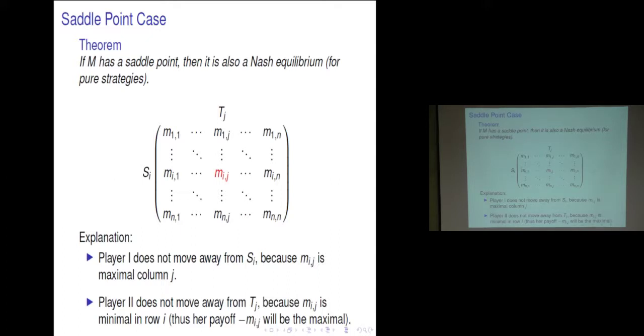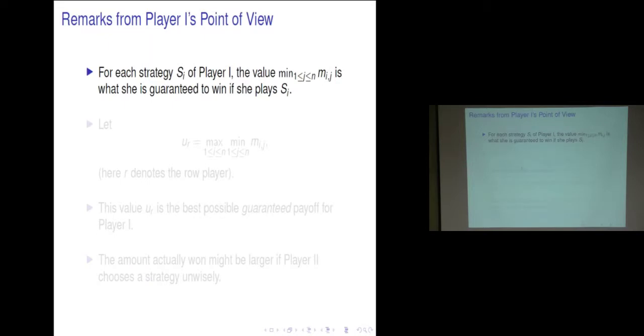So guaranteed, no matter what happens, she will get at least this. I want to emphasize the words guaranteed to win. The minimum entry in each row is the guaranteed payoff for player one. Now suppose you take the maximum of all these guaranteed values. That is the guaranteed return for player one, the best possible guaranteed return.